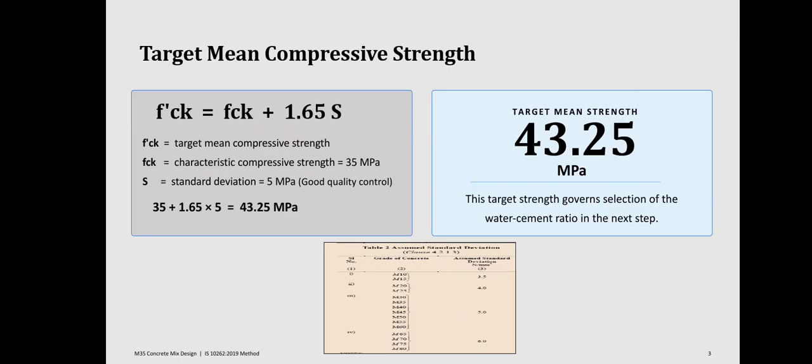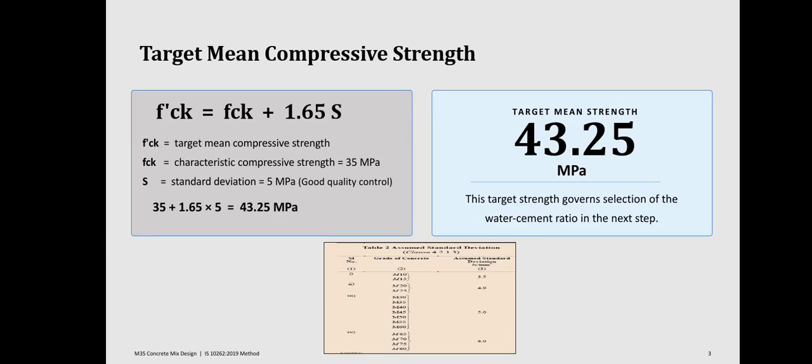Target mean strength. This is the first step in our mix design. Here we don't design for the characteristic strength alone. We add a safety margin using the formula F-CK, which is equal to FCK plus 1.65 times S. Our characteristic strength is 35 megapascal and for good quality control, the standard deviation is 5.